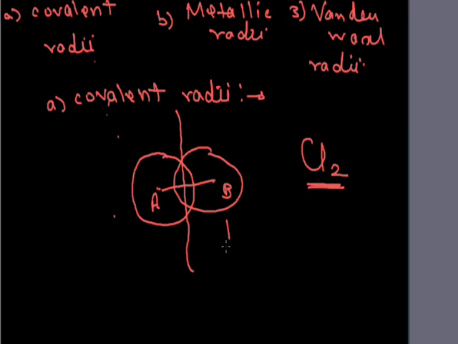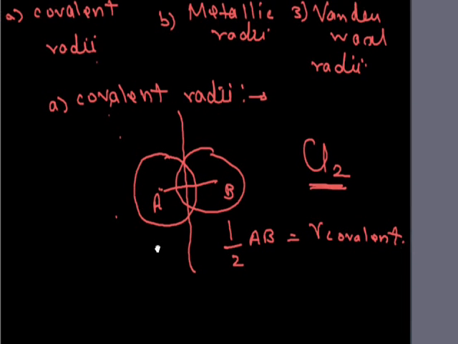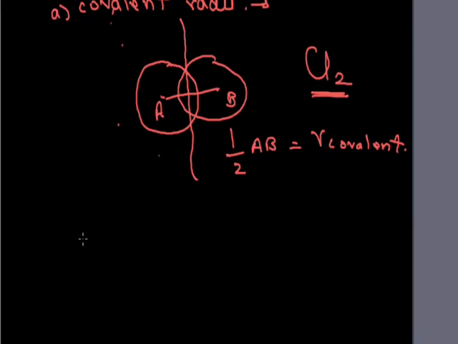Example, what will be the covalent radius in this? Half of AB will be equal to R, which we represent as R covalent. In this we are observing that there is an overlapping of the atoms, which is generally present between the two atoms of non-metals.